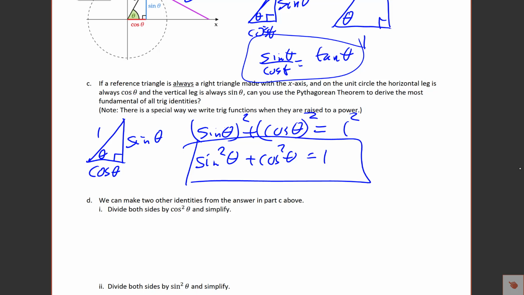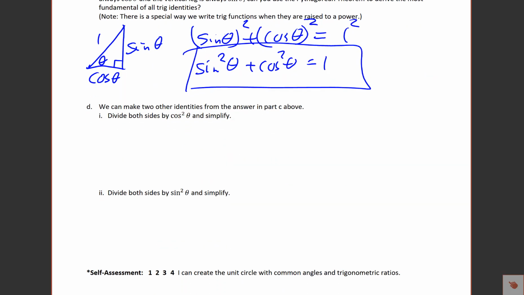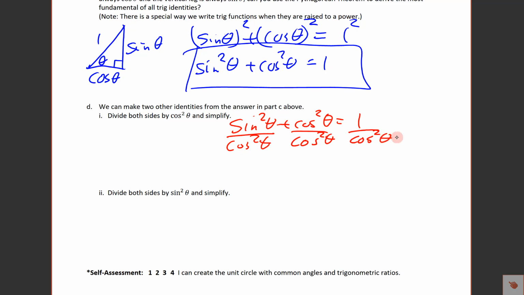Last two things, promise. What would happen if I took sine squared theta plus cosine squared theta and divided both sides by cosine squared? Don't say anything. This is what we're doing. We're dividing by cosine squared. We'll do the easy part.